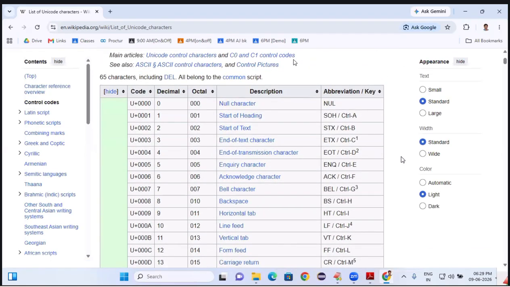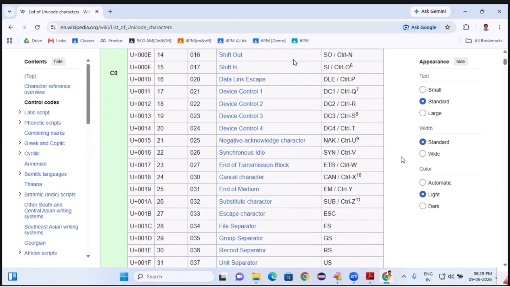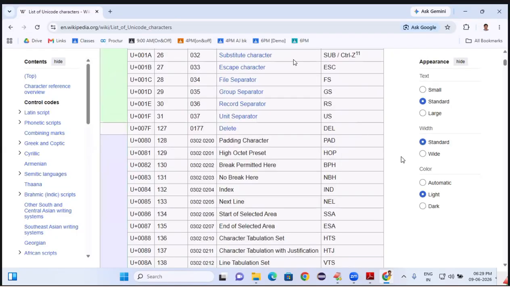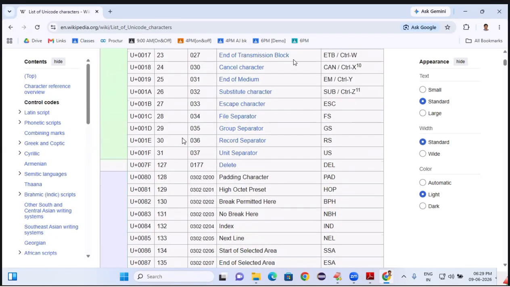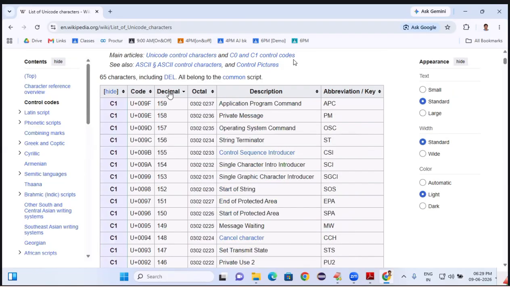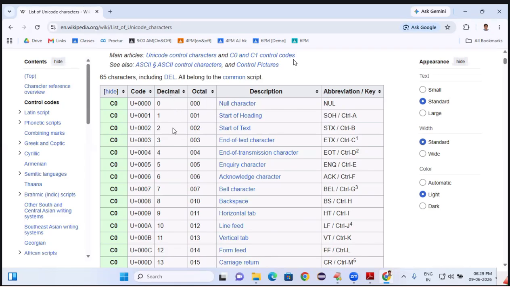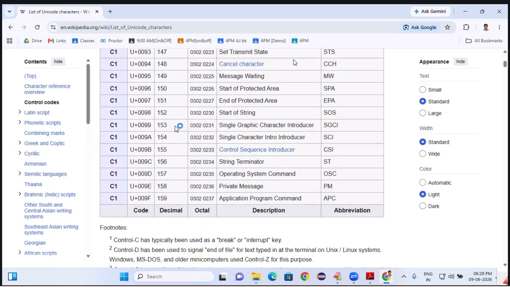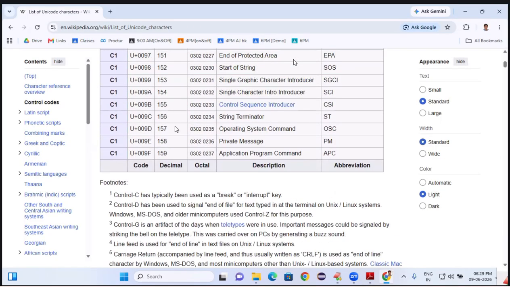Okay? This is a Unicode character set table. This is the decimal format 0, 1, 2, 3, 4. 97.